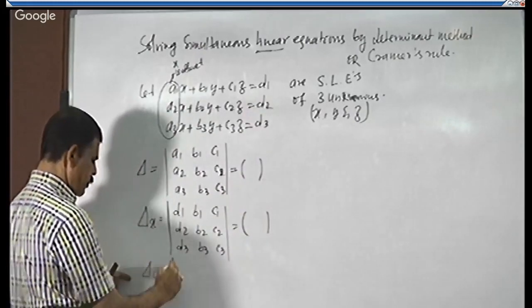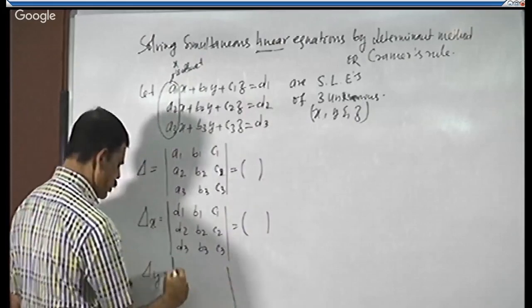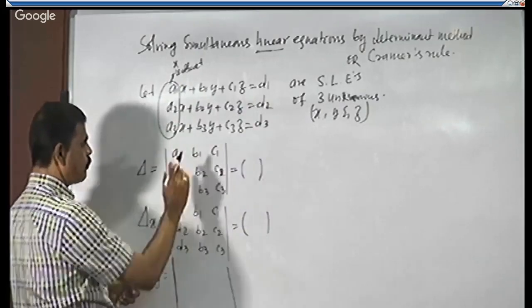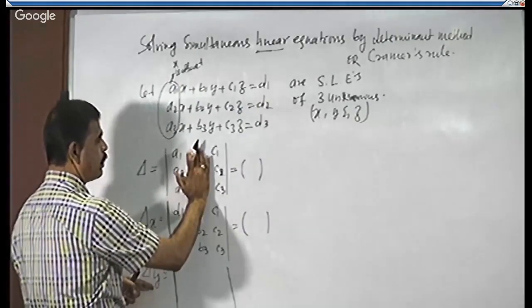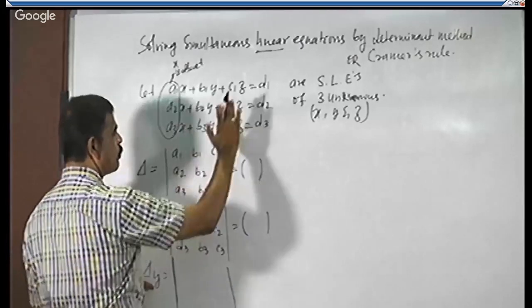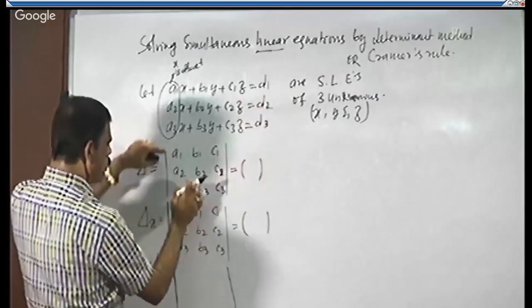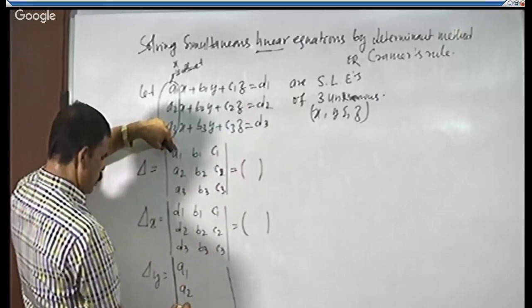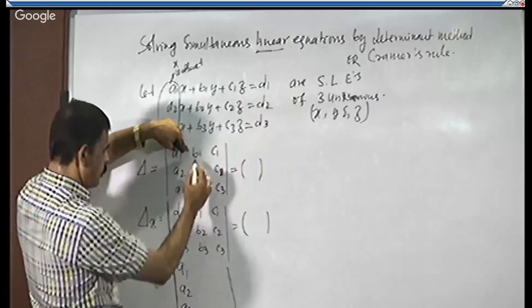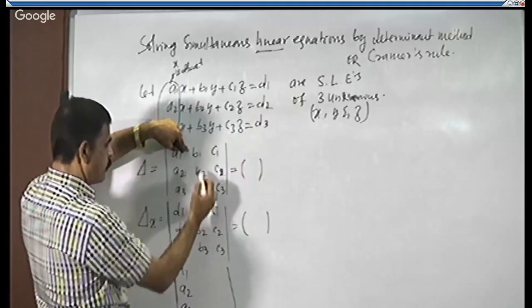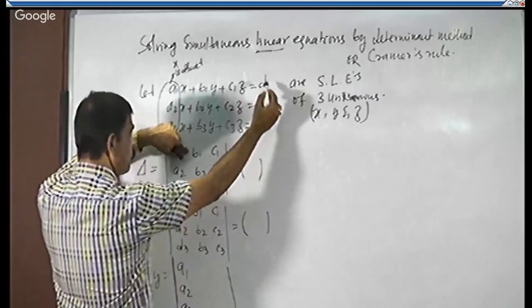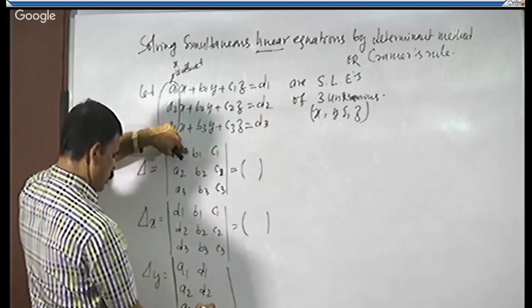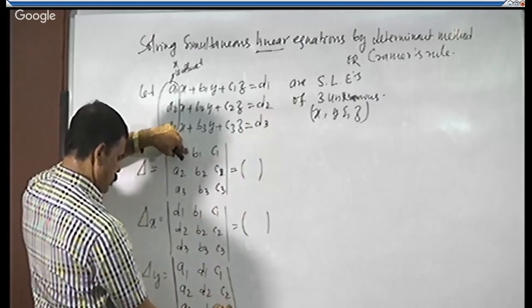Delta y. In the similar way, you write delta y. So y is second unknown, whose coefficients are B1, B2, B3. In delta, they are replaced by what? That means first column will be same, A1, A2, A3. While writing delta y, second column, that is second unknown coefficient, should be replaced by constants D1, D2, D3, and C1, C2, C3 will remain.